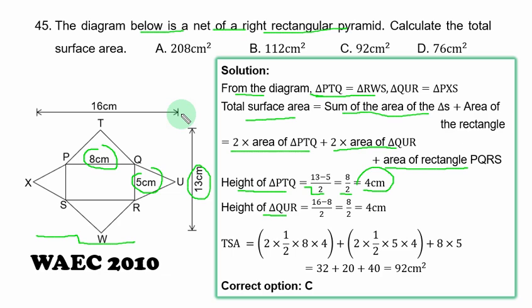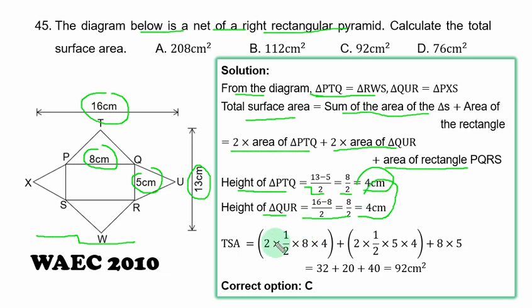Height of triangle QURO from here to here is the height of the two triangles and the length of the rectangle. To get the height of the two equal triangles, subtract 8 from this value, and to get height of one triangle, divide by 2. You have it in this form, and that is 4 cm.